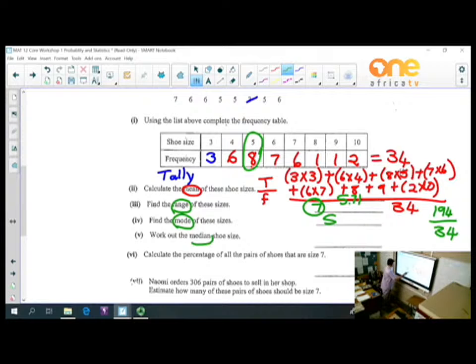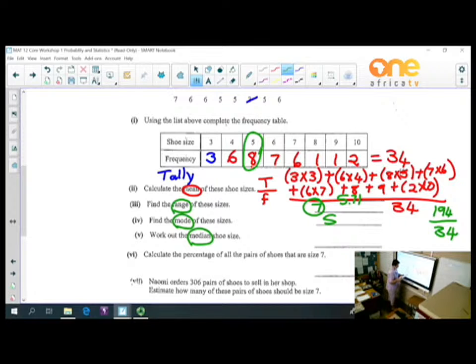And then the last one is the median. Median, middle. Now, luckily, in this table, it is already ranged for you. Otherwise, we have to arrange them. There is 34 shoe sizes, so the position in the middle will be between 17 and 18. So here I have 3 plus 6 is 9, plus 8 is 17.